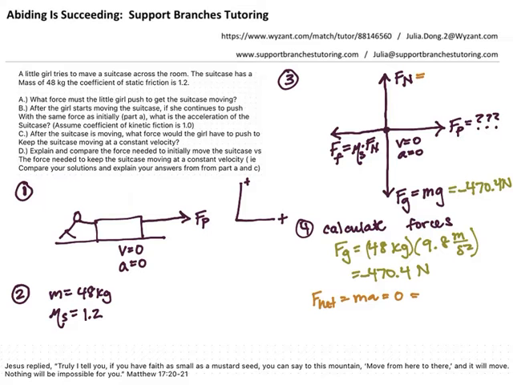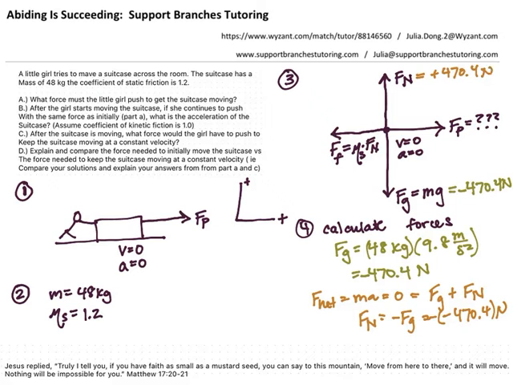So here what we care about is the force of gravity and the normal force, because those are the only two forces that are acting in our vertical direction. So if we solve for the normal force here, we get F normal equals negative Fg, and if we substitute what we calculated for Fg, we're going to get a negative 470.4 newtons, which is positive 470.4 newtons.